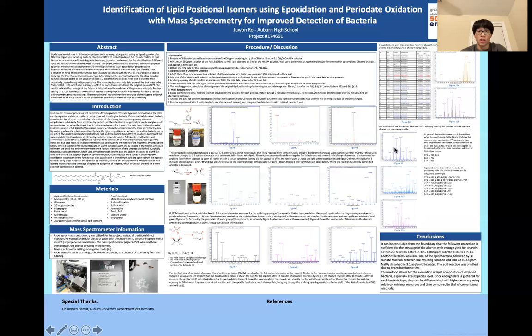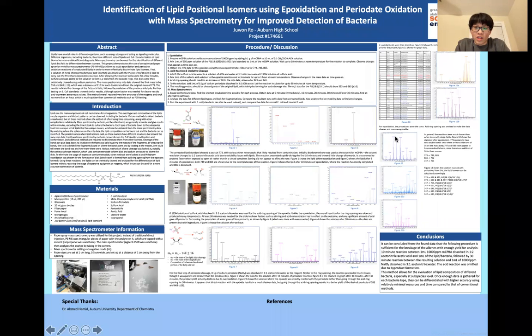So the epoxidation went successfully, although it was much slower than when done with a singular lipid, and it still showed these, for example, 773 to be slightly dominant. But it also showed the other two products, which was good.